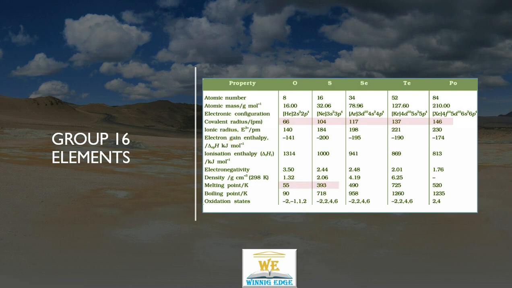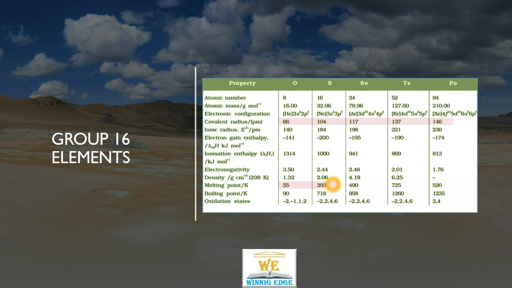Further, we see the melting point. From the first element, oxygen, the melting point is fairly low, 55 Kelvin, which is an extremely low cryogenic temperature. But for the next element, sulfur, the melting point is 393, which is above 100 degrees Celsius on the normal temperature scale.